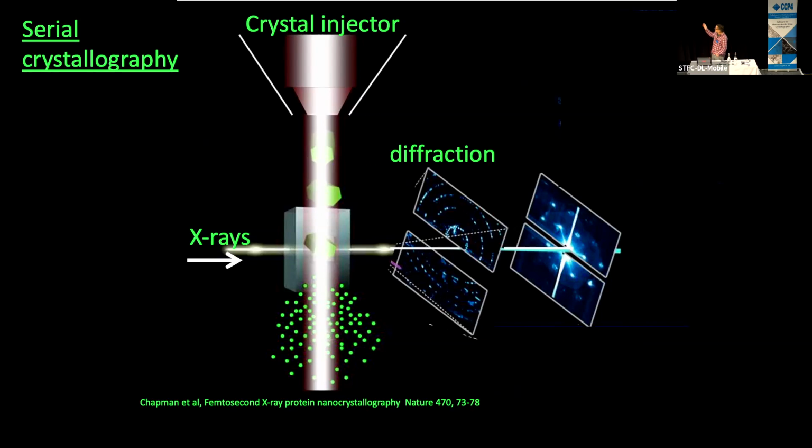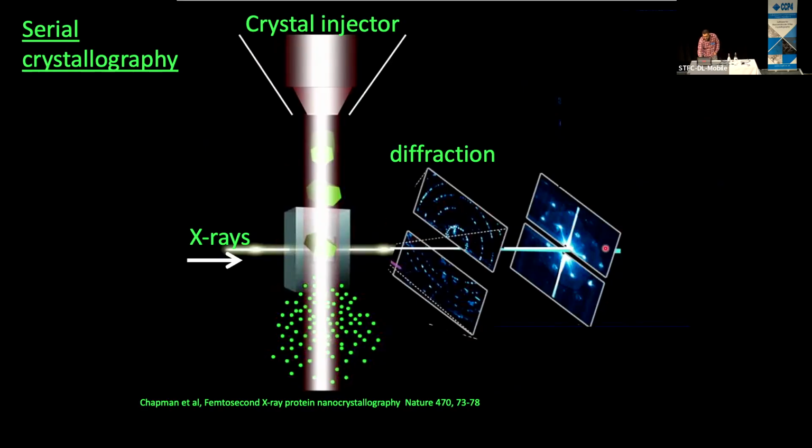And so this is one of the first demonstrations of serial crystallography done at an XFEL at LCLS. And this was work by Henry Chapman. And you can see here you have crystals that are being injected into the path of this XFEL, and you measured diffraction, in this case on 2 detectors.